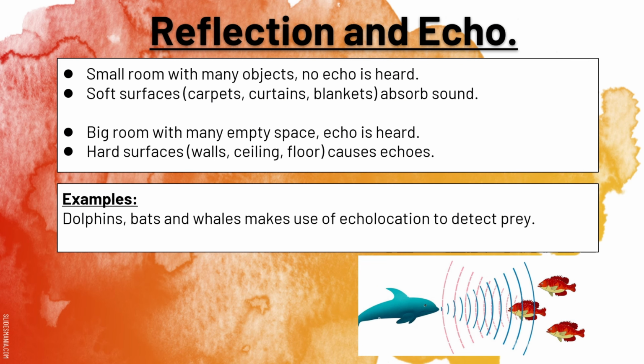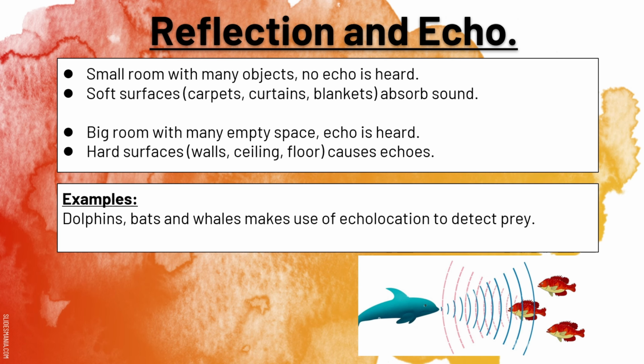But when do we hear an echo? It's when we are standing in a big room with many empty spaces, and then the hard surfaces like the walls and the ceiling and the floor that are present in this big room cause the sound to bounce off the hard surfaces, and then they can return back to our ears, and that's when we can hear an echo.